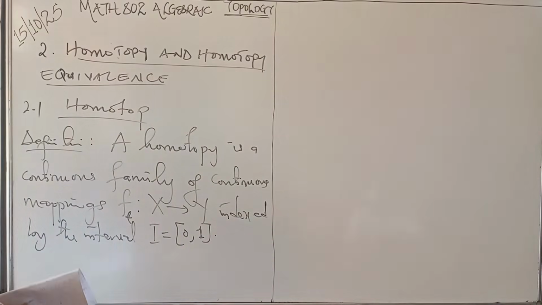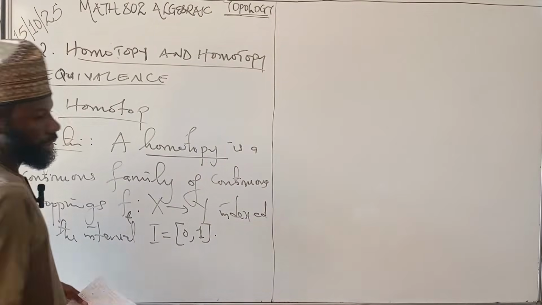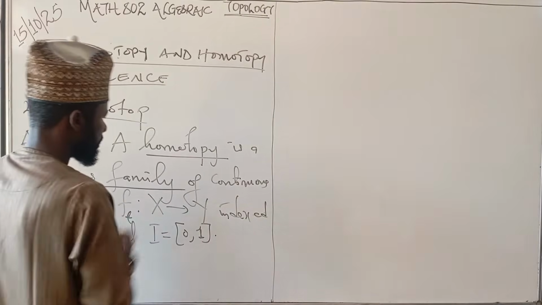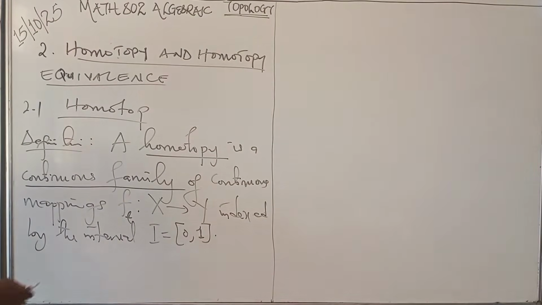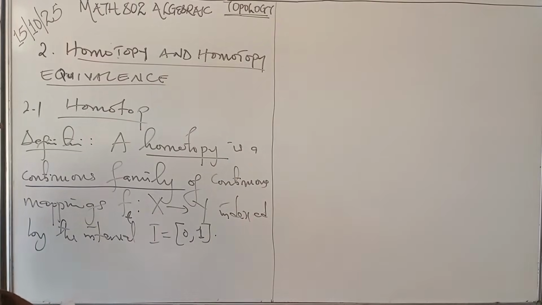So once you have a continuous family of continuous mappings from one topological space to another topological space, that is called a homotopy. Okay? All right. So I think the only thing we need to make precise is what we mean by continuous family. We know what continuous mapping is. So each one of these F_t is a continuous mapping from this space to the other.